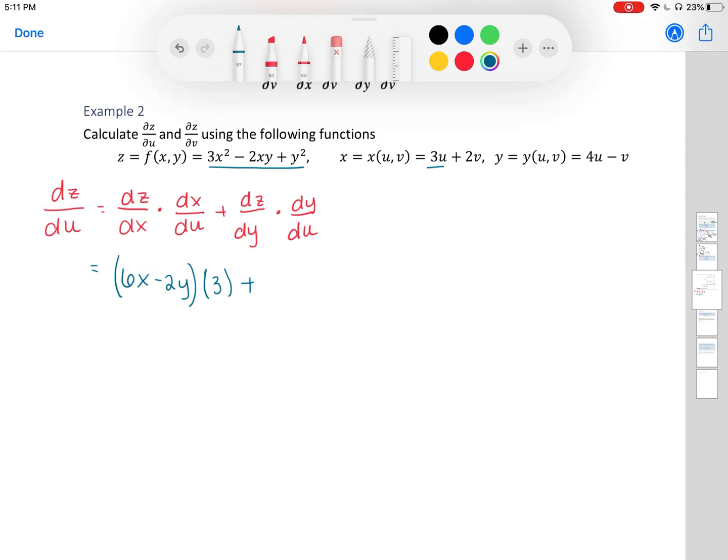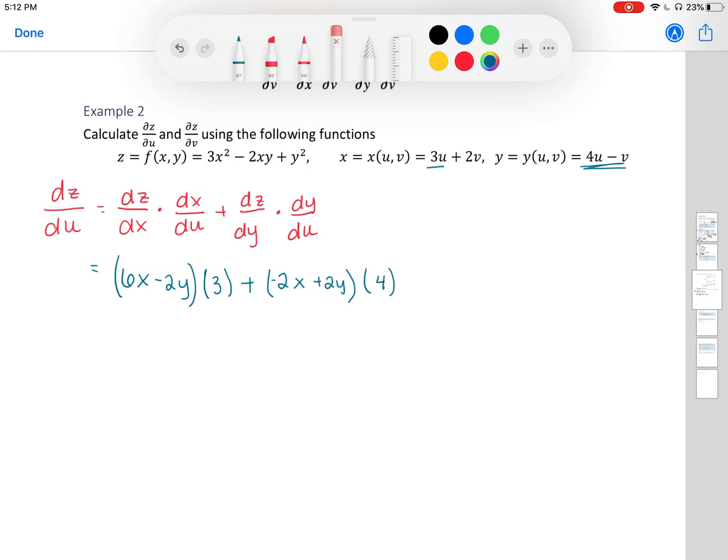We look at our function z in terms of y. Remember, your x's are constants. So you're left with 2x plus 2y, and your derivative of y in terms of u, here's y in terms of u, we just get 4.